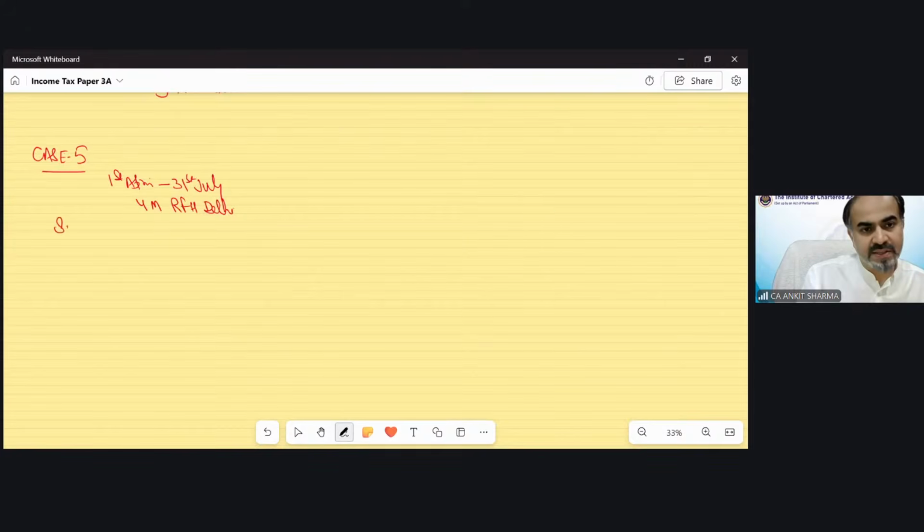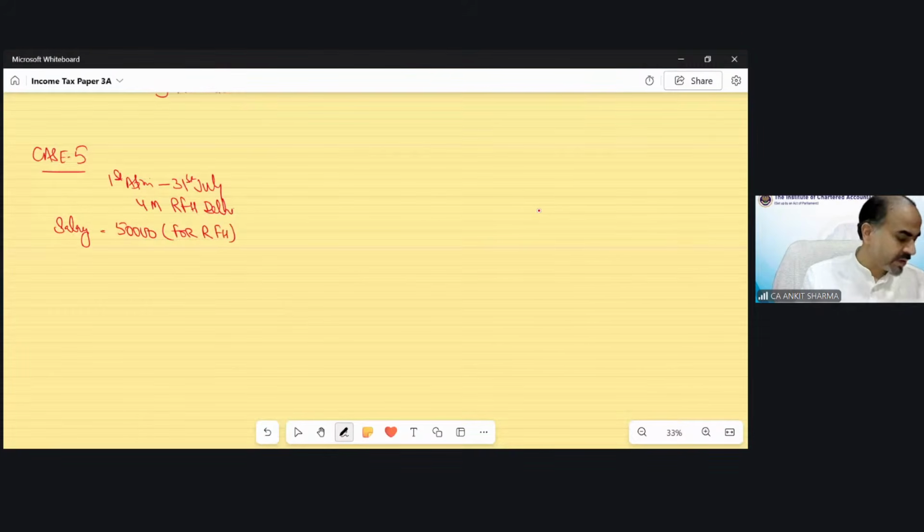Suppose salary is 50,000 per month, and this is monetary salary for the rent-free house. Suppose it has been given in the question or we have calculated. And the property was owned by the employer. He has been shifted from Delhi to Mumbai.